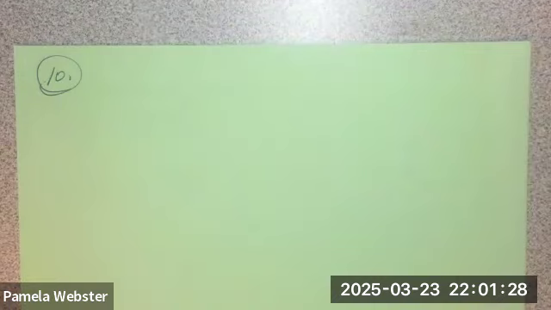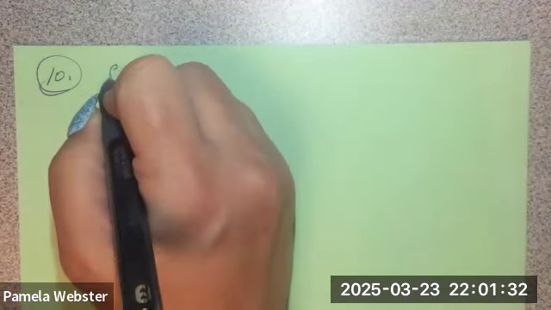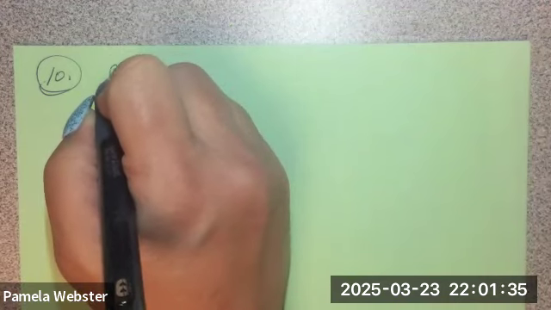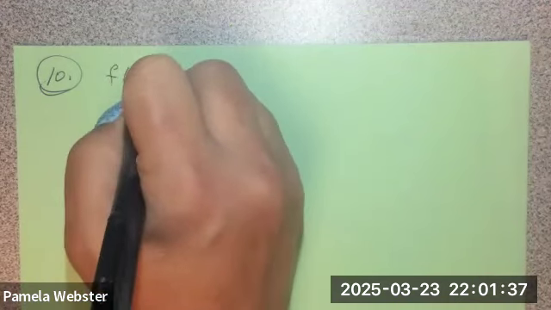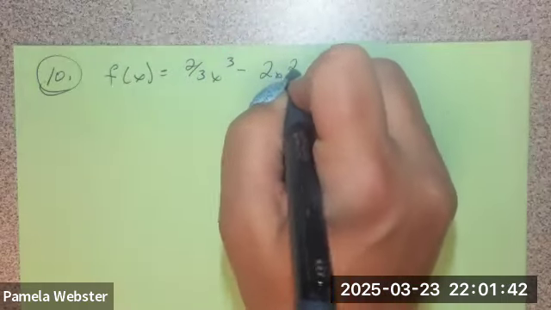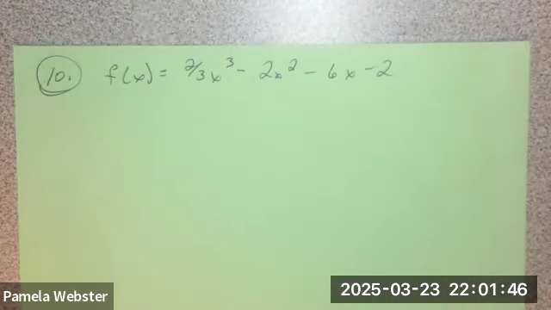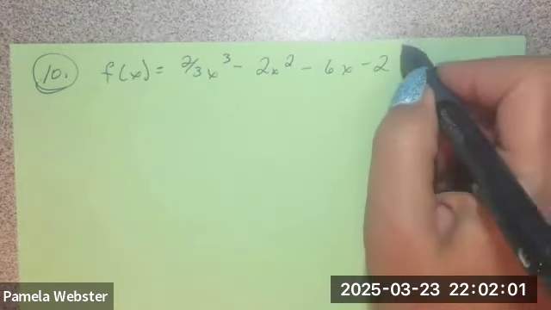The next couple work together. So 10 says f of x equals 2/3 x cubed minus 2x squared minus 6x minus 2. Find the local max or minimum, as well as any intervals of increasing or decreasing slope. Use the first derivative test. Hopefully you have it down pat.